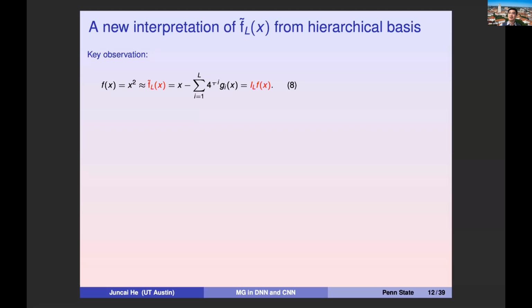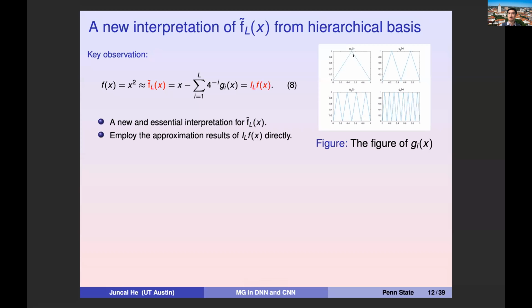At the same time, from a different direction, this f tilde is exactly equal to the uniform interpolation of the square function on a uniform mesh. This is like the graph of g1, g2, g3, g4.